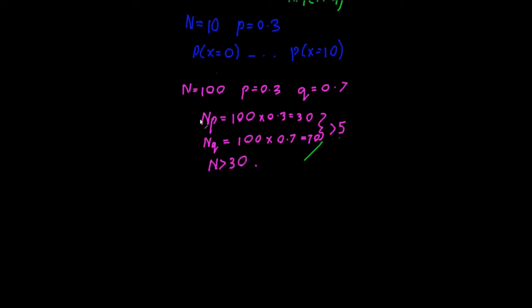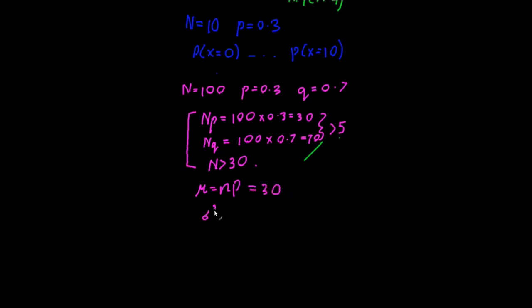Okay. Now once we have these conditions, what we can take out is the mean for the normal distribution for the approximation. So the mean, the formula goes, is equal to np. So, sorry, I mixed up the capital N's as simple n's, but it's np, right? So in this case, it's going to be 30.